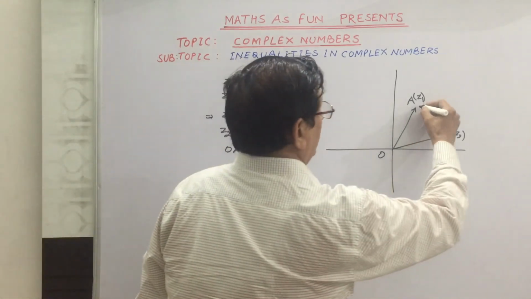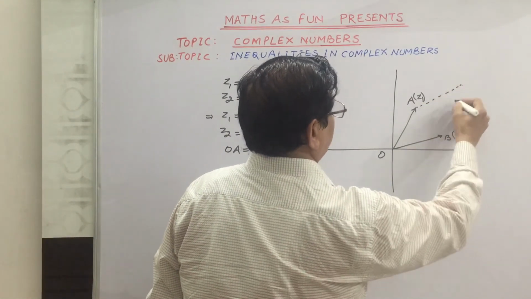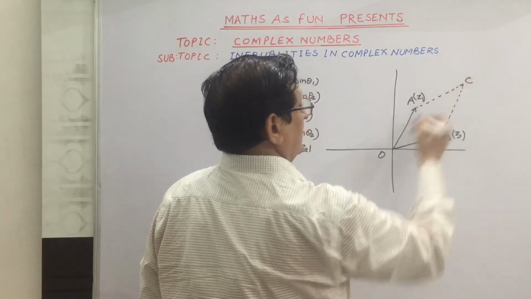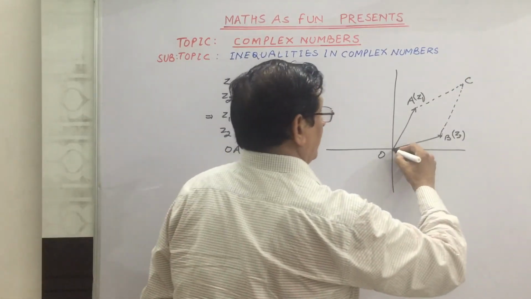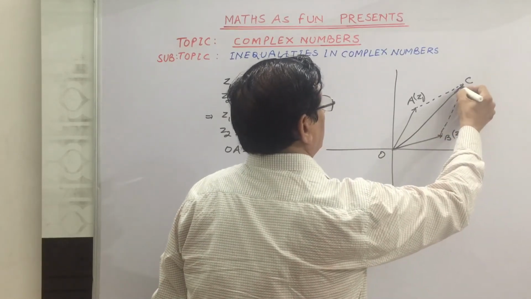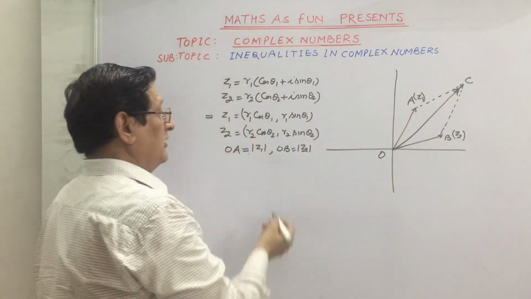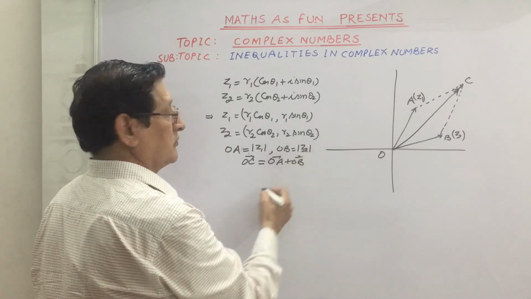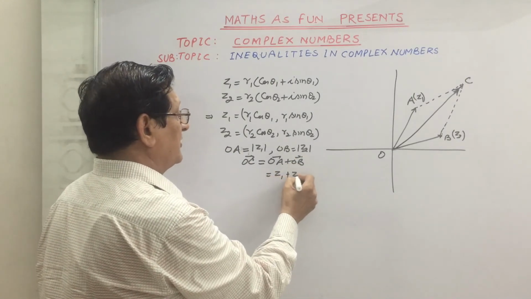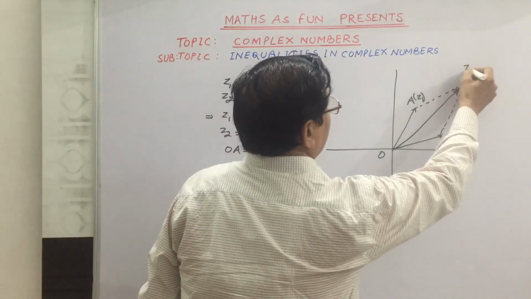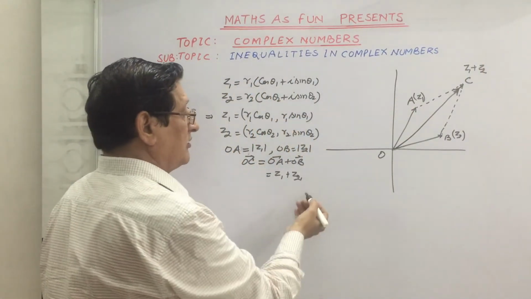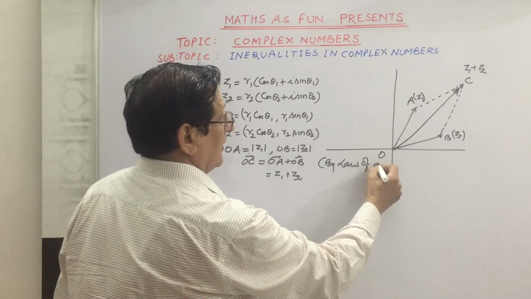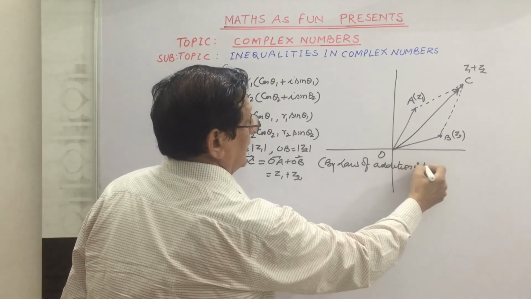If we complete the parallelogram here, and suppose this is C, then if we join O to C, we will find that OC represents the sum of vector OA plus OB, that is, Z1 plus Z2, by the law of addition of parallelogram.